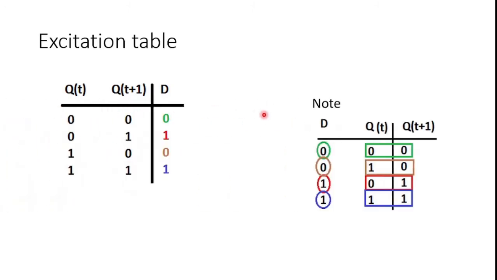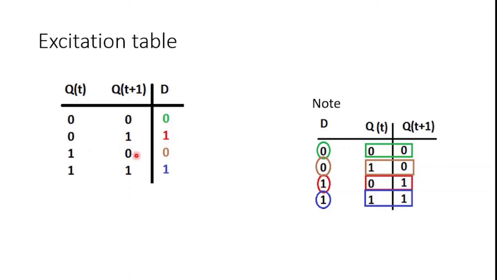And this is the excitation table. If you're wondering how I actually build up this table, then you have to go back to the truth table and see the relationship. When Q(t) and Q(t+1) both were zeros, the D was 0. So for Q(t) and Q(t+1) 0 0, D will be 0 as well, just like this one. And then when Q(t) equals to 0 and Q(t+1) equals to 1, just like this 0 1, you can see that D was 1 and there is 1.